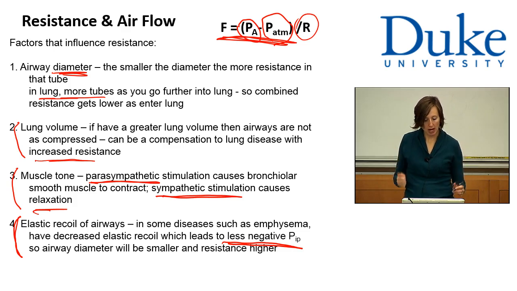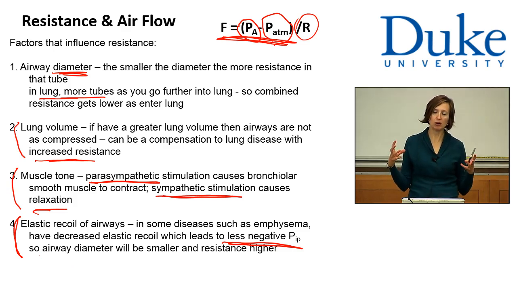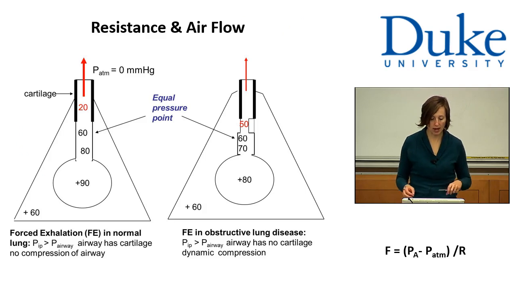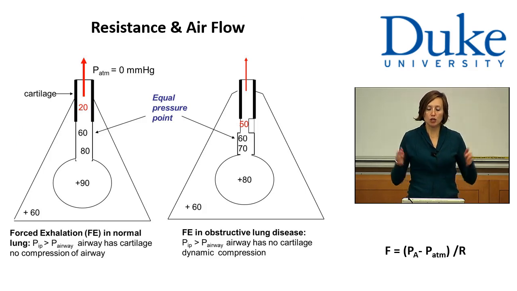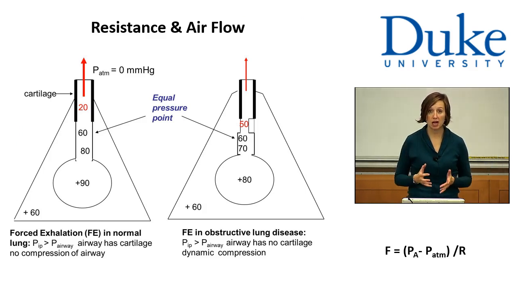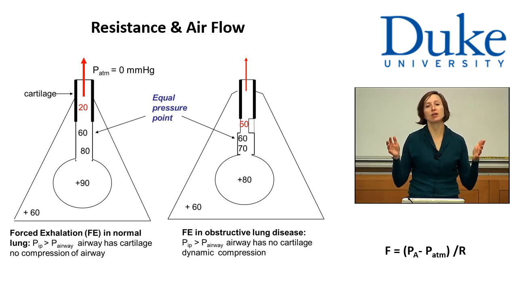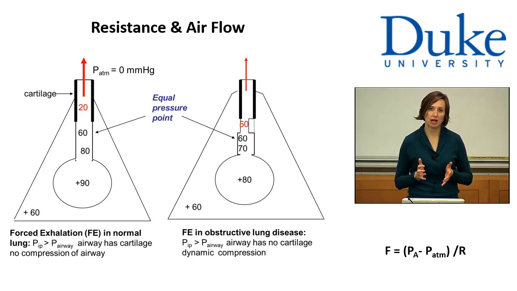And so the airway diameter can be smaller and the resistance can be higher. So if you don't have that recoil, then that can affect the airways, and that's what we're going to be talking about right now. This is going to be particularly prominent when you're really trying to force the air out quickly. So for instance, if you're trying to exercise so that you can get the air out quickly and then quickly inhale, and so you want to do a forced exhalation, force the air out quickly.